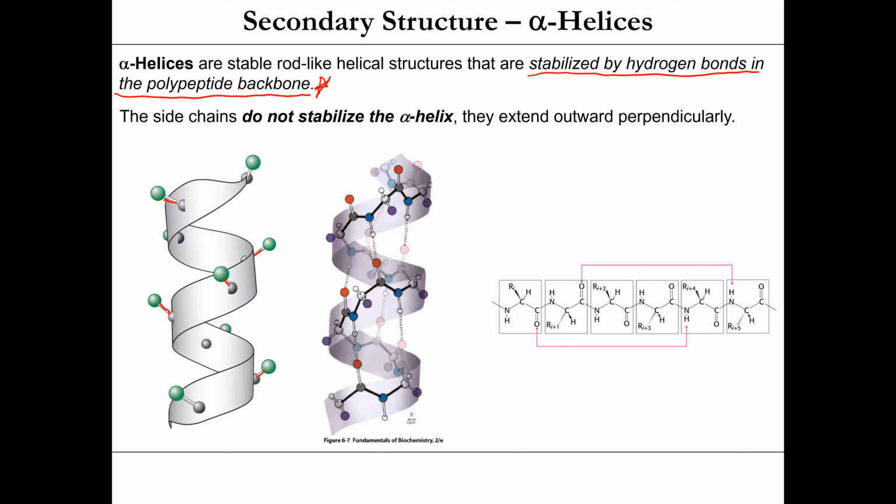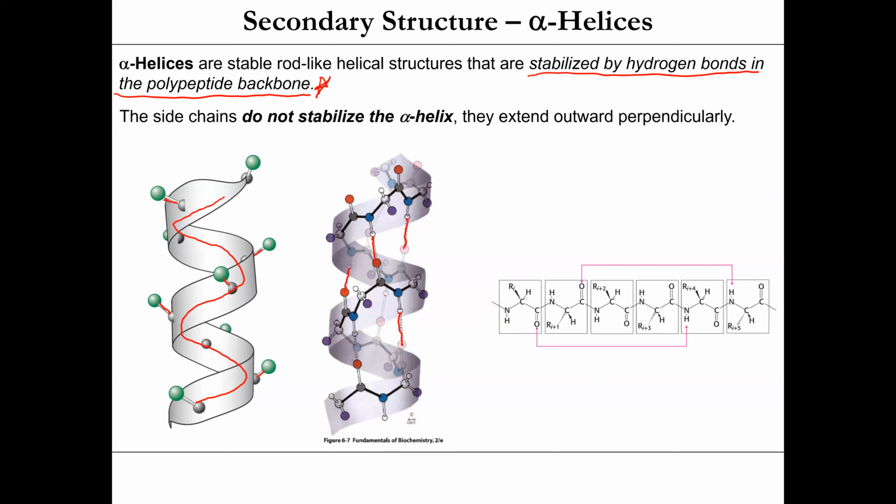So there's some depictions here. You can see it's depicted as this ribbon or rod-like structure, and it has helical characteristics to it. And then the hydrogen bonds between these amino groups and these carboxyl groups are going to stabilize that helix.